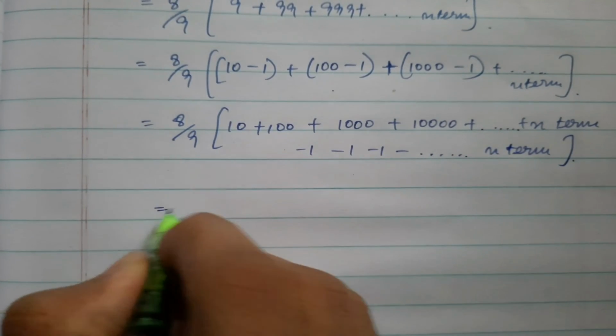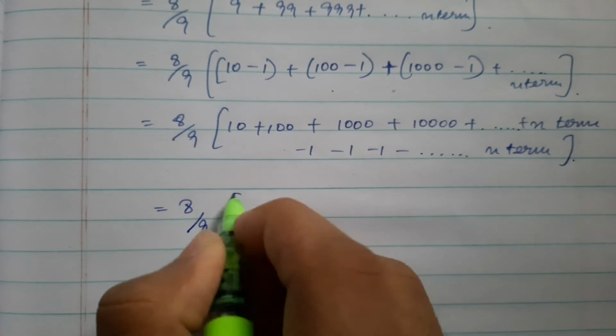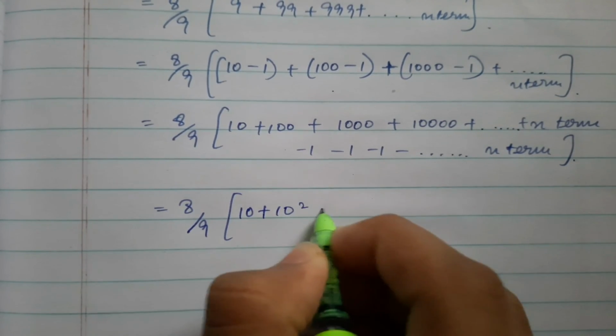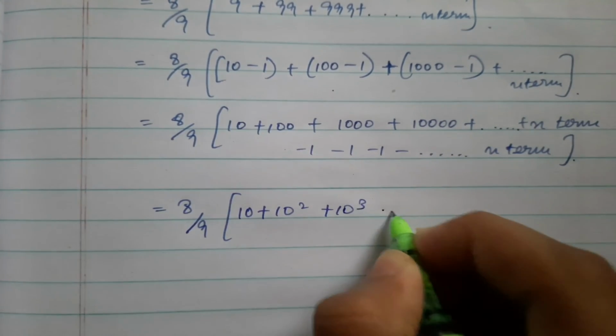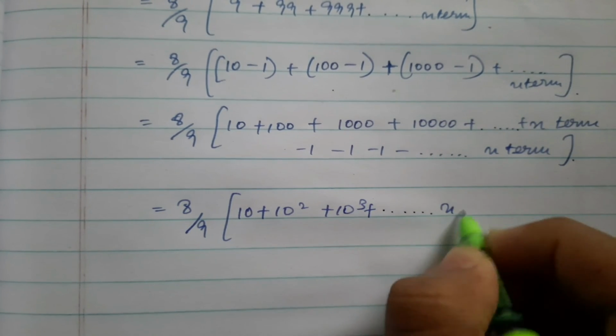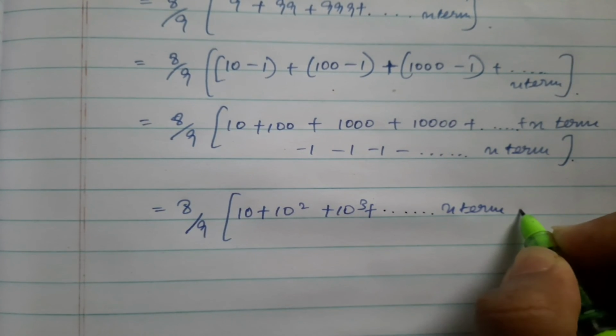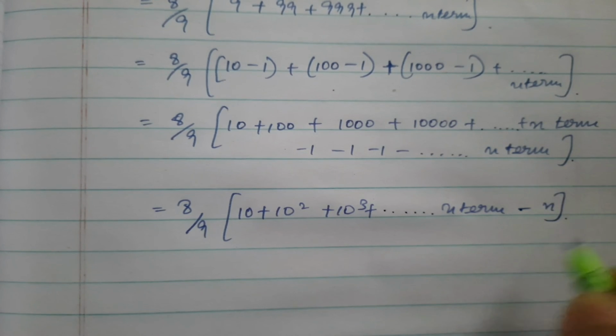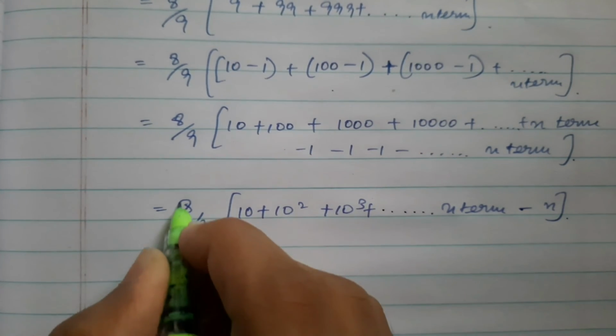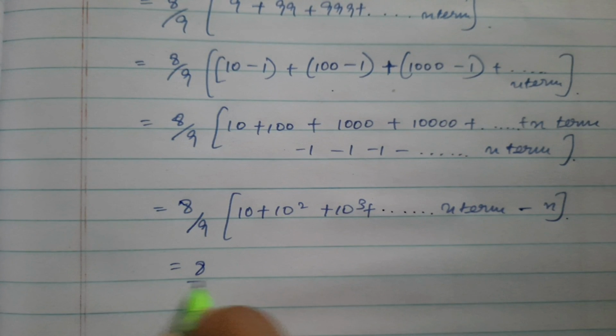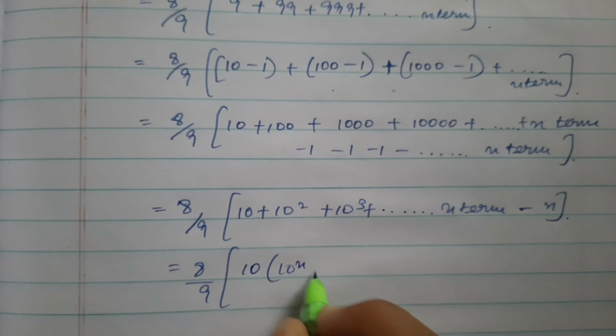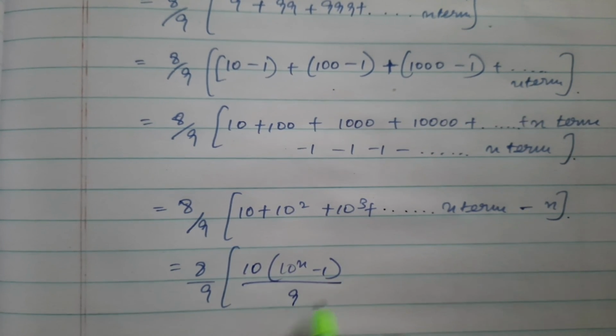Next line, 8 by 9 multiplied with (10 plus 10 square plus 10 cube plus etc. n terms) minus 1 n times. Therefore, now formula: 8 by 9, 10 multiplied with (10 power n minus 1) divided by 9, minus n terms.